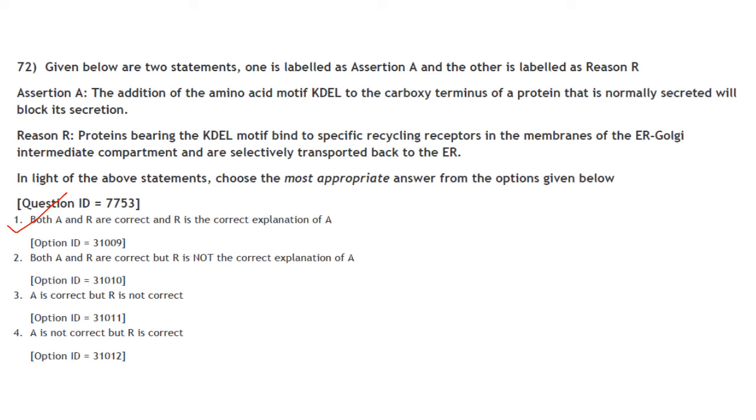Next, reason: proteins bearing the KDEL motif bind to specific recycling receptors in the membrane of the endoplasmic reticulum-Golgi intermediate compartment and are selectively transported back to the ER. Yes, because proteins with the KDEL motif will be directed back to the endoplasmic reticulum. So in the light of the above statements, choose the most appropriate answer from the options given below. Both A and R are correct and R is the correct explanation of A.